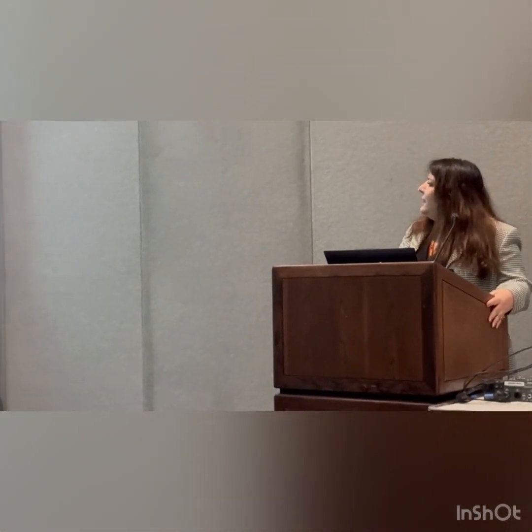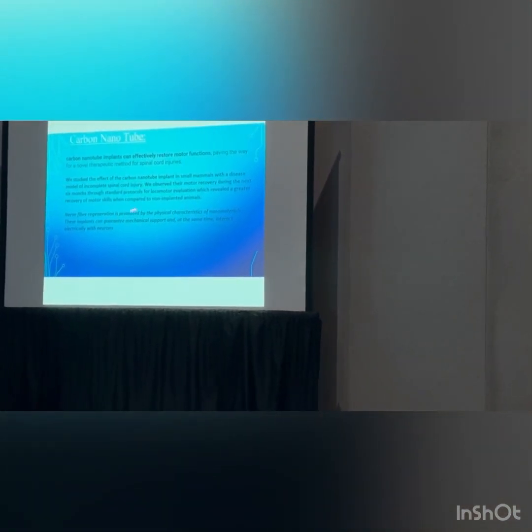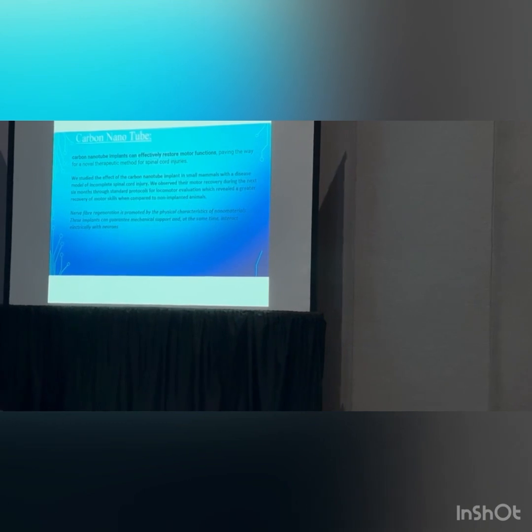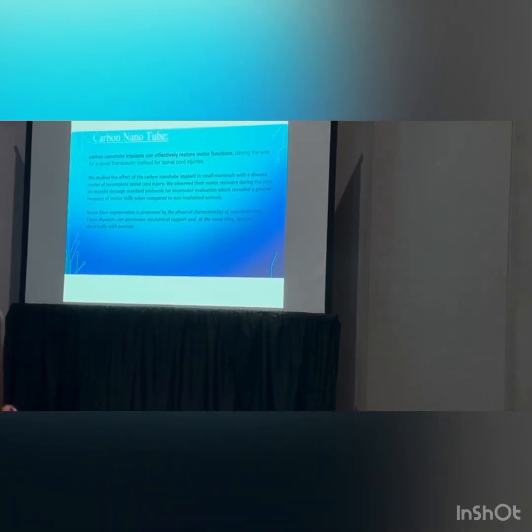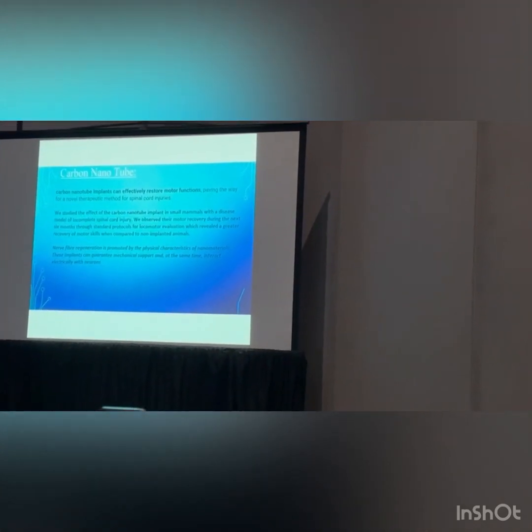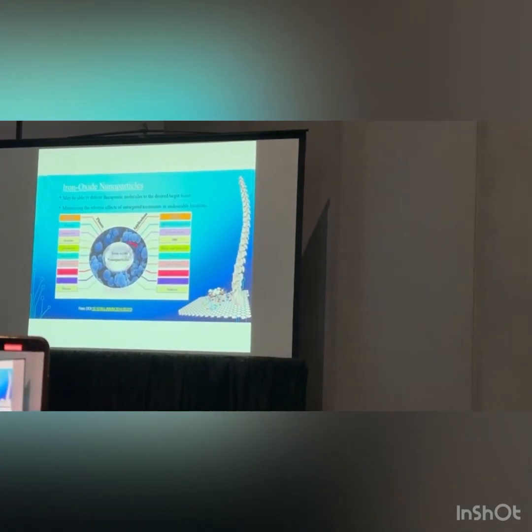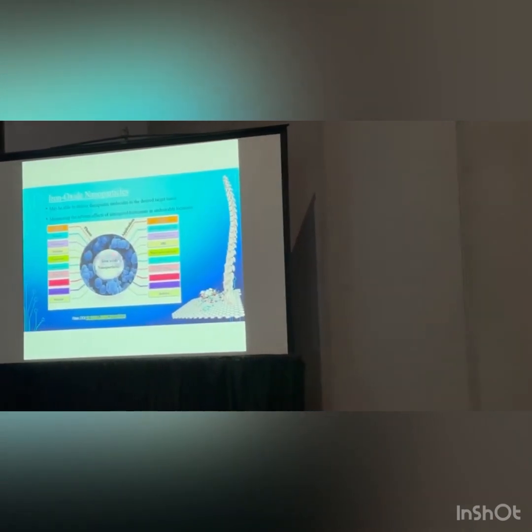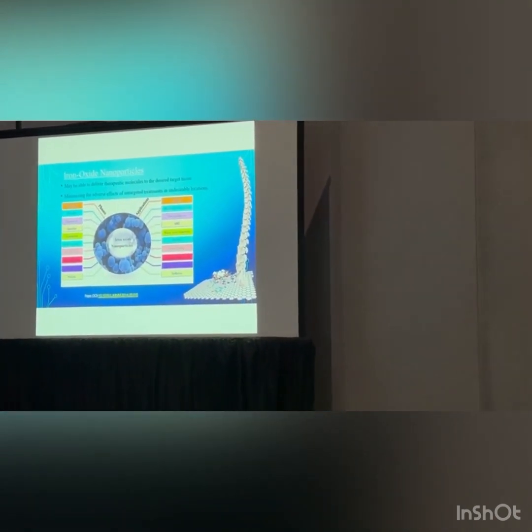Nerve fiber regeneration, which is really important, is promoted by the physical characteristics of nanomaterials, and these implants can guarantee mechanical support and at the same time interact electrically with neurons. As you see here, they may be able to deliver therapeutic molecules to the targeted tissue.